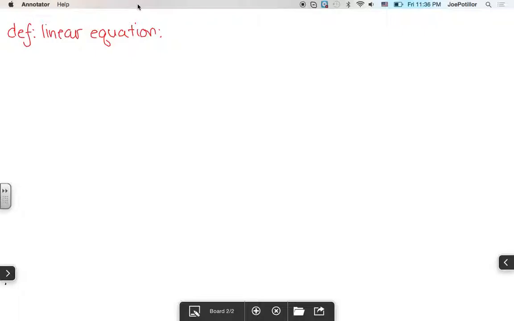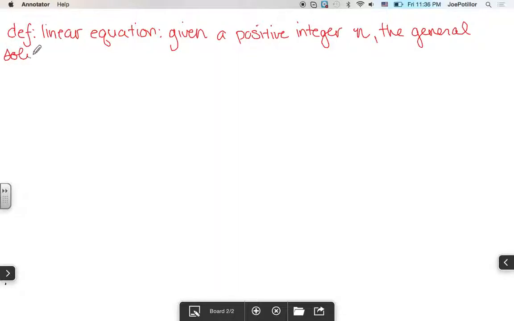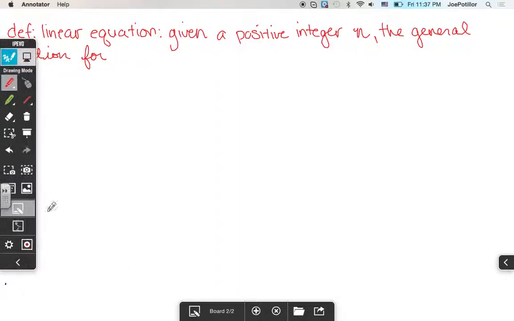Given a positive integer n, the general linear equation in x sub 1 all the way to x sub n is as follows. It was general equation, not solution, by the way. I copied it from the text wrong.